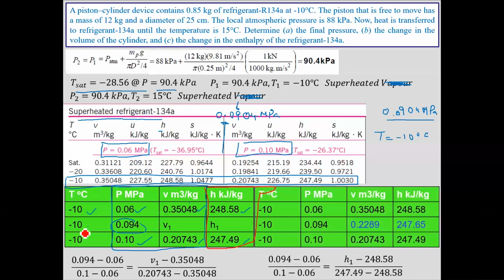Once you do that, you will find the specific volume at state 1, where your pressure is 0.09 megapascal and temperature is minus 10 degrees centigrade, and the enthalpy value at the same pressure and temperature is found using interpolation. Clear enough so far? Yes, sir.